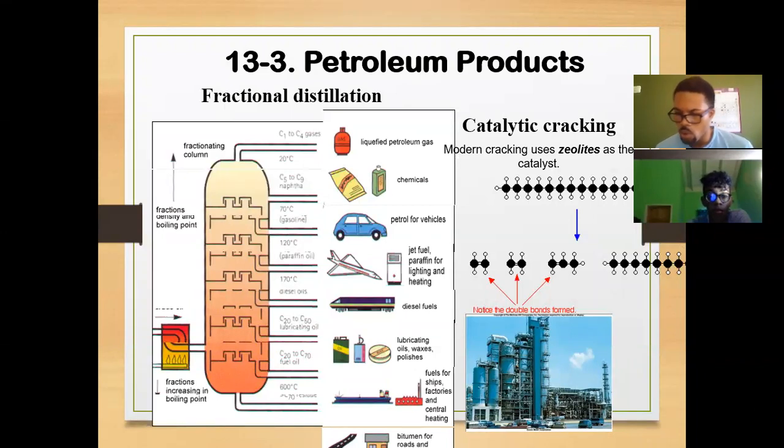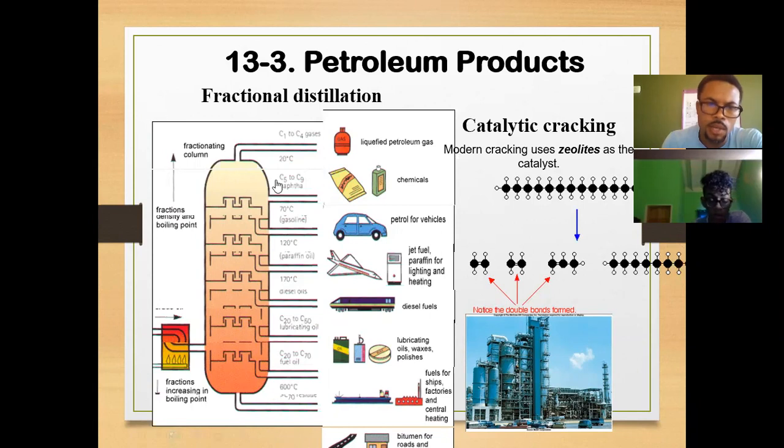Now we have to look at the sources, and as you can see on this slide, you're seeing fractional distillation. So this will tack back on the area that we would have done, which is mixtures and separation. And you would have remembered fractional distillation being a process by which we separate miscible liquids into different fractions, based on the boiling point.